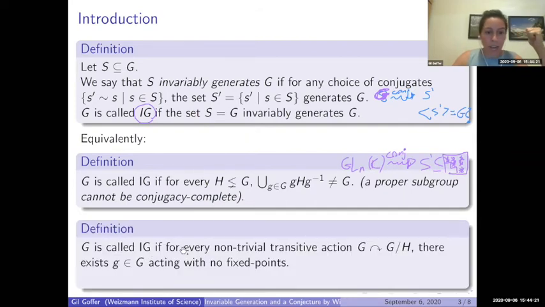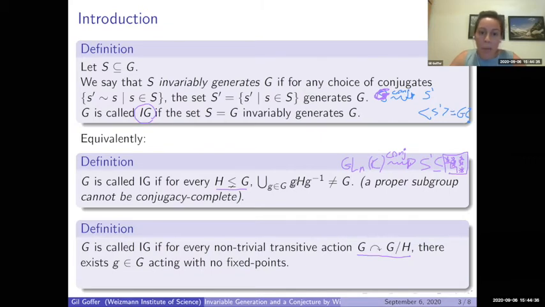So G is called IG if for every non-trivial transitive action, there is an element that is not contained in any of the conjugates of H. Now we know that when G acts on the coset space, H is exactly the stabilizer of the trivial coset, right?